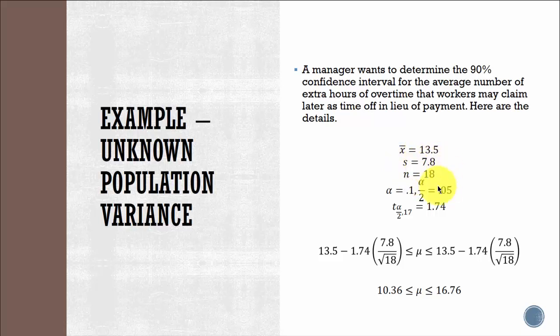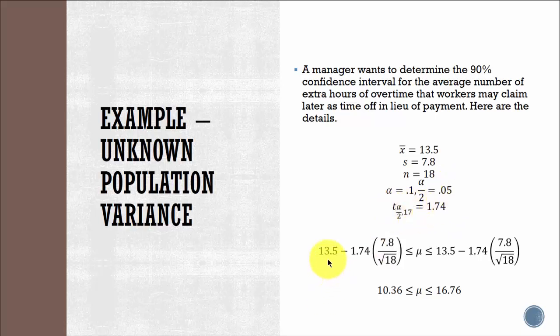The total number of employees we surveyed is 18, and the alpha is 0.1 because now we're working with the 90% confidence level. So alpha is 0.1, alpha by 2 would be 0.05, and so the t value from the t table for alpha by 2 being 0.05 and degrees of freedom being 17 is 1.74.